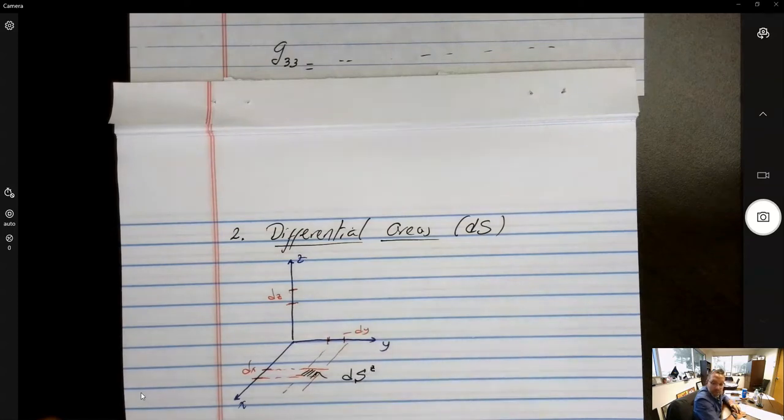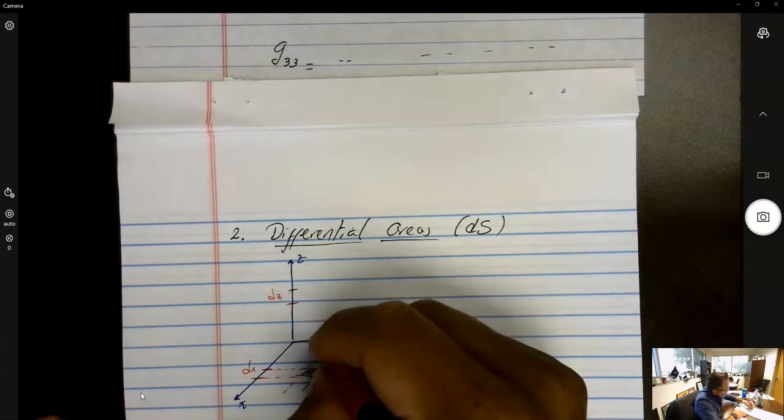So if we want to know, for example, what is the differential surface, the differential area on the xy plane, that will be that. This little shaded area here is the differential of surface perpendicular to the z-axis, and that square is exactly of the size dx dy.